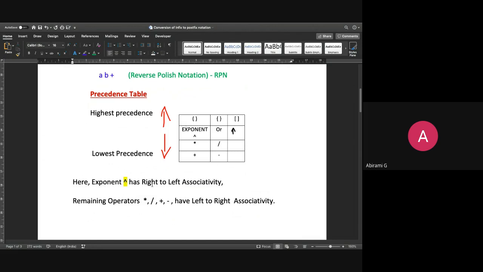Exponent has right to left associativity, which we will discuss elaborately later. The remaining operators such as multiplication, division, plus, minus have left to right associativity. This is only for basic operators, not for all operators. If you see the full precedence table, we can find logical operators, unary operators, and so on.